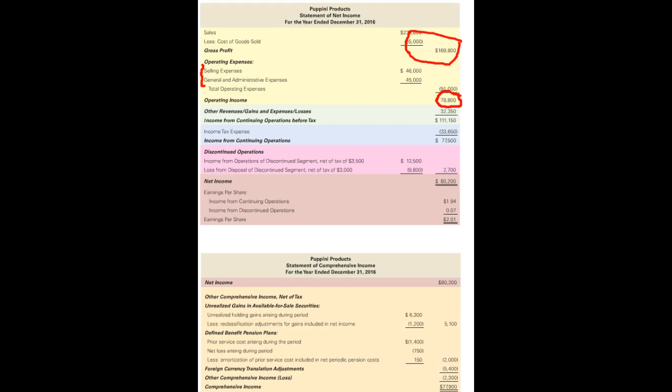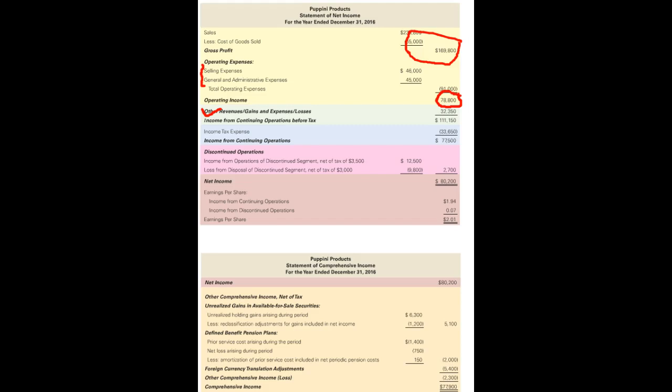After we get past that, we have the section called Other Revenues, Gains, and Expenses and Losses. These are items that are not necessarily related to our day-to-day operations. In this area, you're going to find interest expense, interest income, dividend income, gains and losses on disposals of long-term assets.